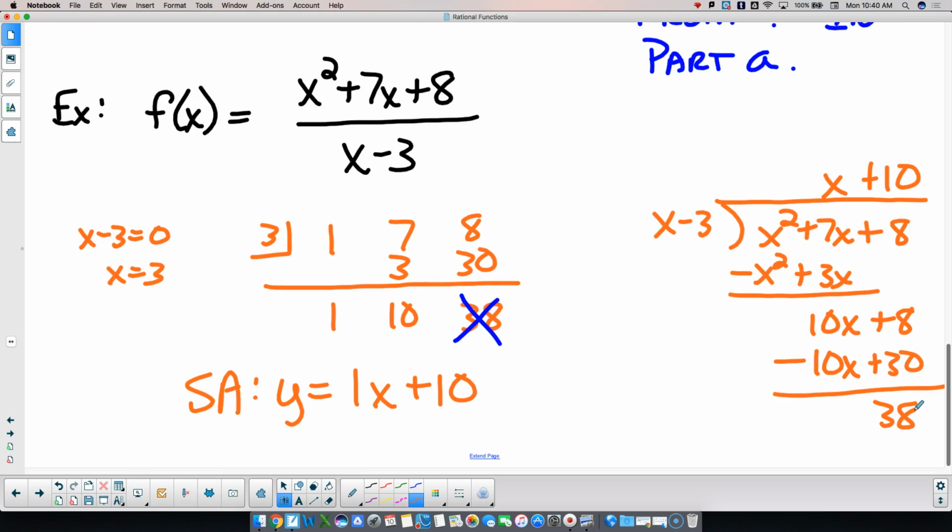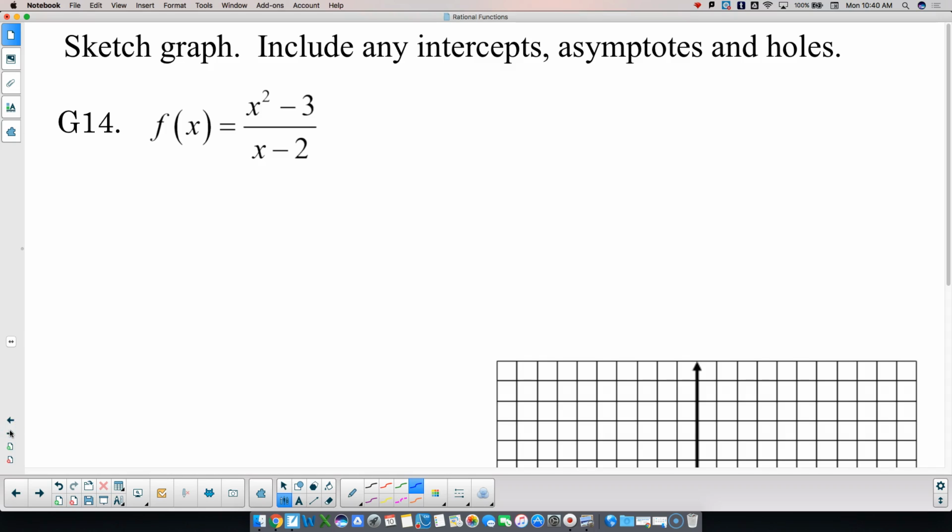So I drop this, and here is my slant asymptote. Either way, the difference is this has to be 1 in order to do synthetic. All right, let's put it to work in a problem.